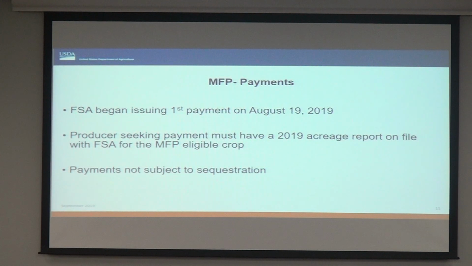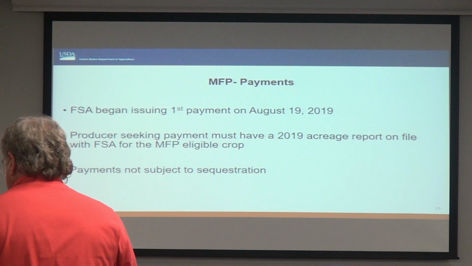And I always tell producers, because we have some producers that don't participate from year to year in the FSA program, even if you don't participate, it's a good idea to still come in and report your plantings, what commodities you planted and your acres, to FSA, because you never know what the future holds. It might be a program like this one or some other type of program, but it's always good to report your plantings to FSA.